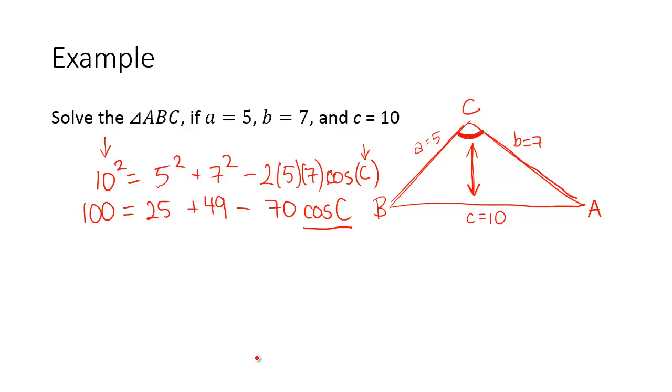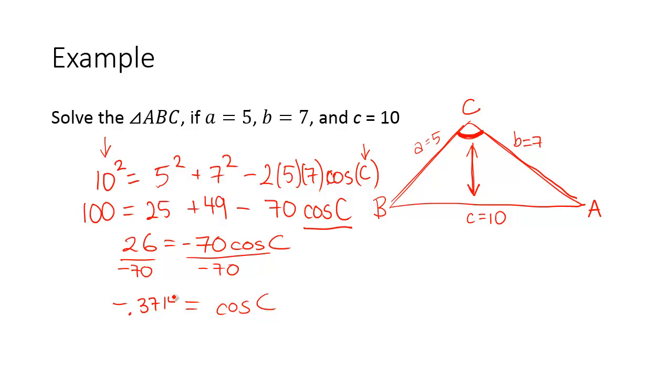So let's go: 100, take away 25, take away 49, that's 26, equals -70 cos C. Then we want to divide both sides by -70, leaving us with cosine C is equal to 26 over -70, which is -0.3714, etc. Try to keep it as exact as possible, or store it in your calculator, so that you can take the cos inverse to find the angle.